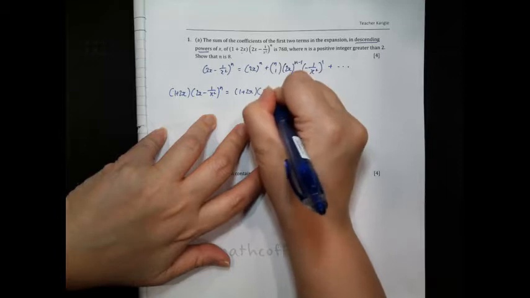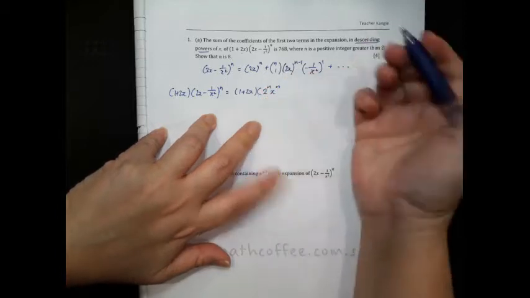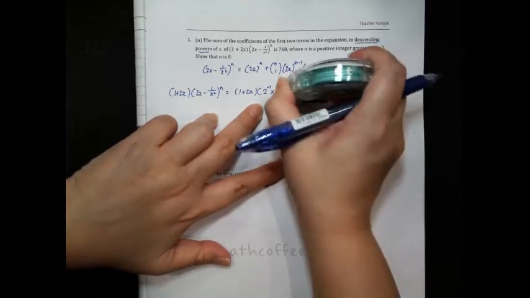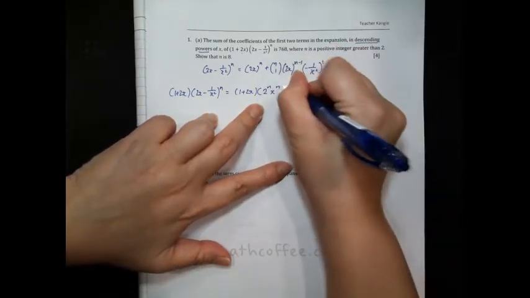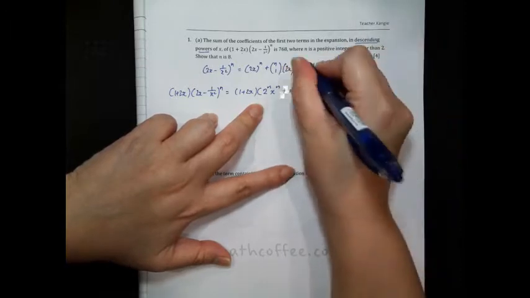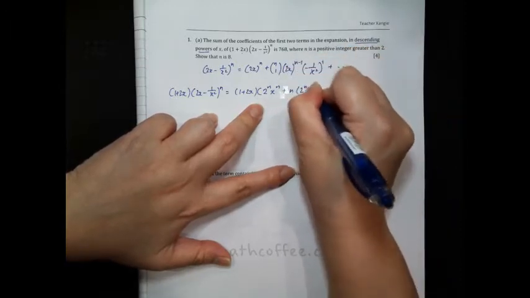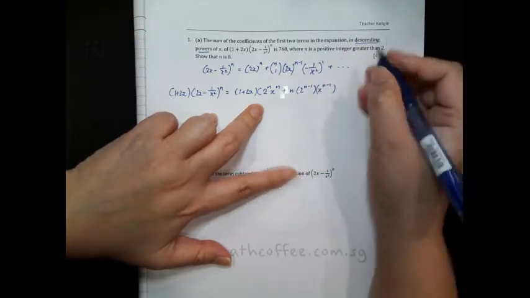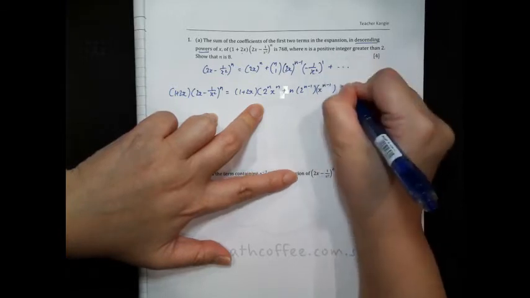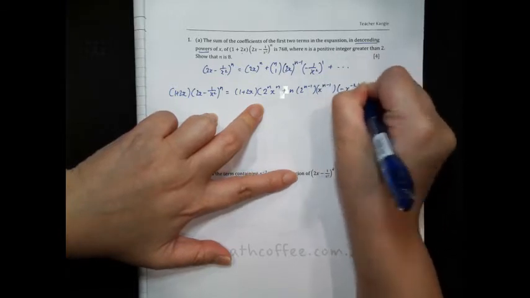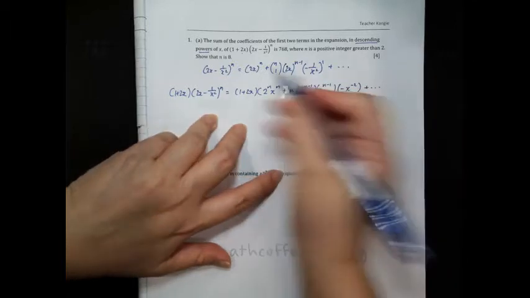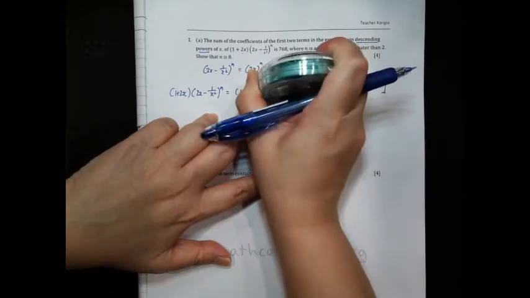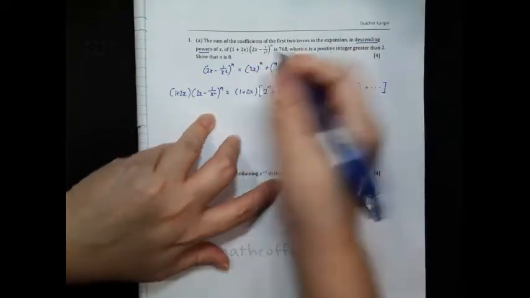This is 2 to the power of n, x to the power of n, plus nC1, which is just n, then 2 to the power of n minus 1, x to the power of n minus 1. And don't forget this one, it's just minus x to the power of minus 2, plus dot dot dot. Then just close it. Since there is a round bracket here, for presentation let's put this as a square bracket.